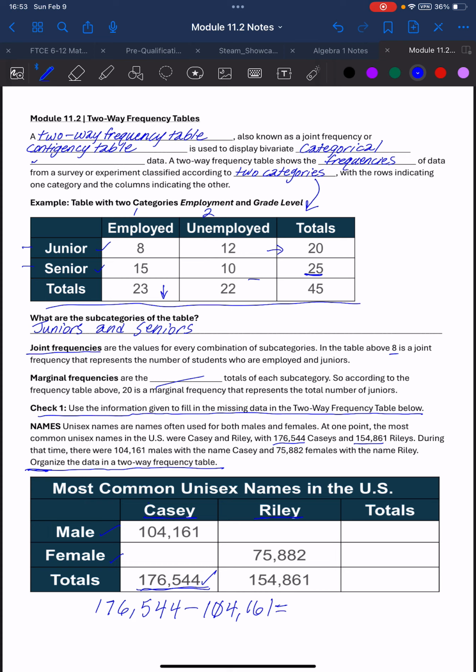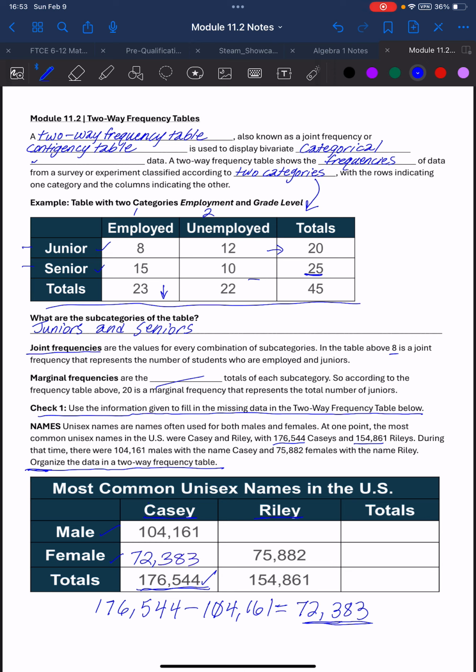So 176,544 minus 104,161 gives us 72,383. So this difference, this answer right here, gives us the amount of females that were named Casey at a given time in the United States. Okay, so that's our first one.